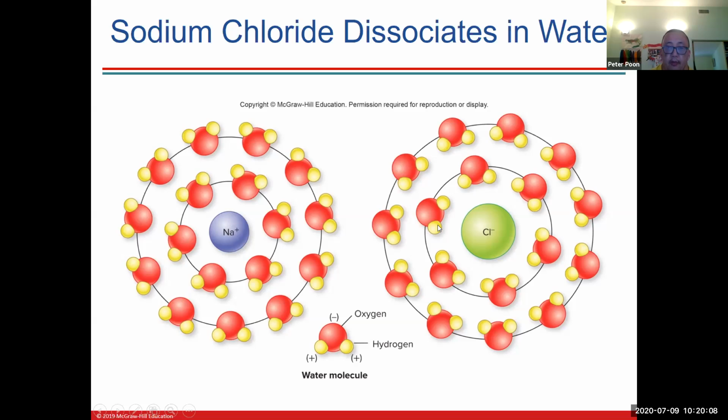This is why water is so good at dissolving salt. You can add incredible amounts of salt and it will dissolve in water precisely because of this. If you try to do the same thing with oil and salt, oil isn't polar, so this won't happen. Oil doesn't dissolve salt well.